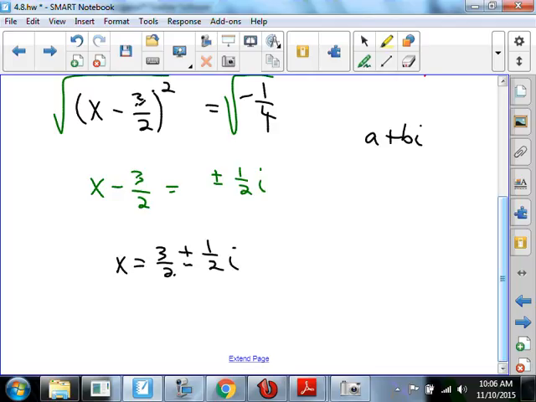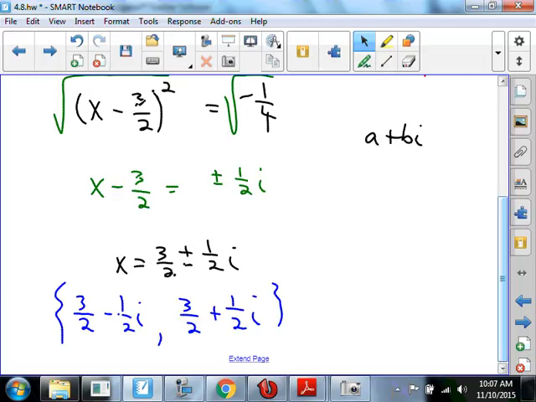Okay, plus or minus 1/2 i. I'm going to go ahead and write my answer that way, just because that's the proper form for complex numbers. Okay, so in solution set notation, we'd have 3 halves minus 1/2 i, and then we'd have 3 halves plus 1/2 i in solution set notation.